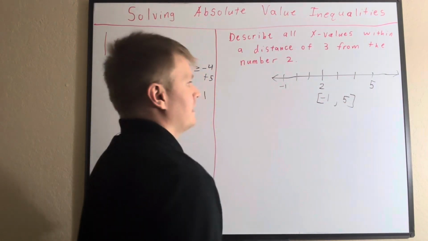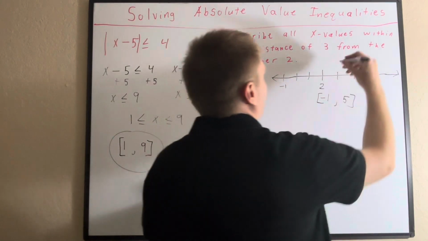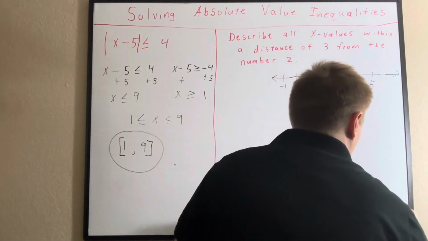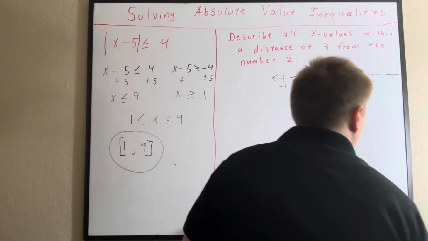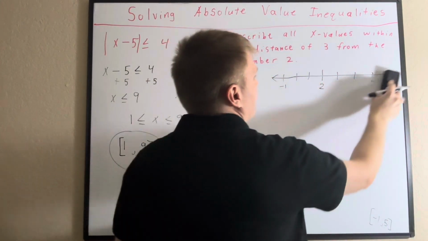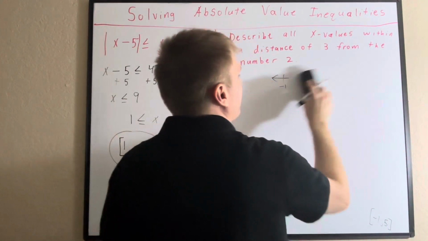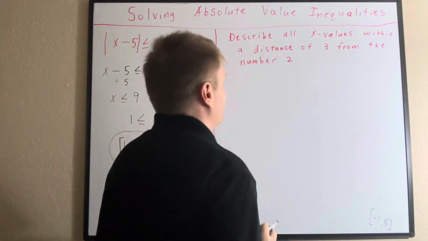I was just making sure I got the right answer. So I know that my answer is going to be negative 1 to 5. But that's not how they want us to do it. That was just using logic and reason.